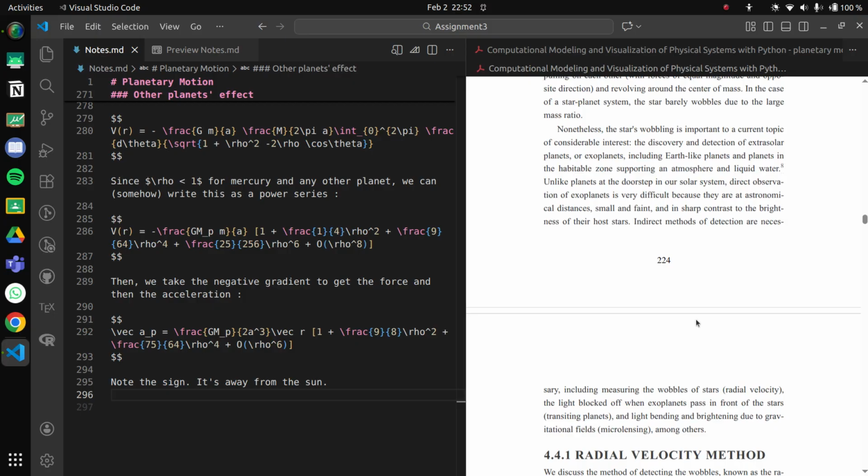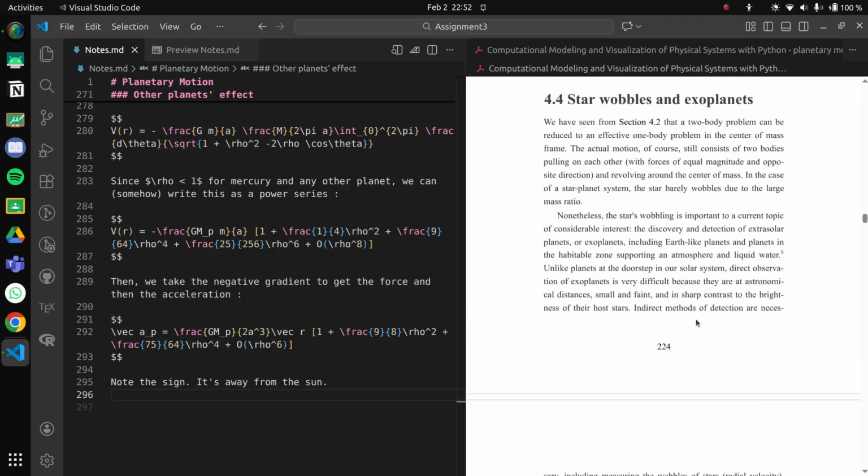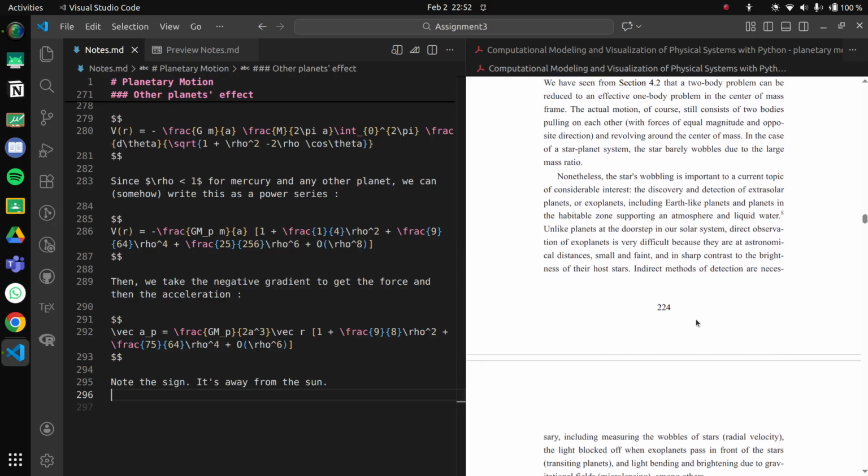So what is the star wobble though? Large mass ratio. Oh, okay, because the planet is also causing it to revolve, right? So the center of mass is not exactly at the star. I see.